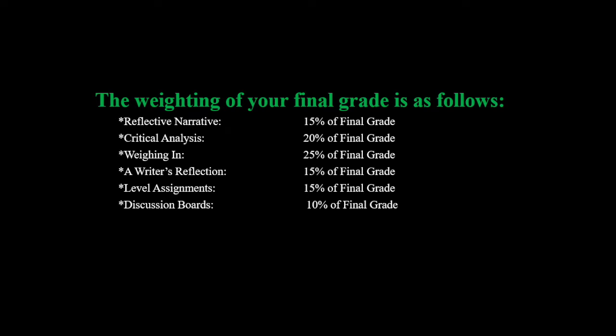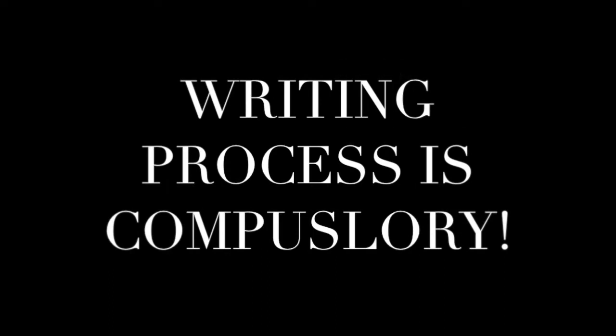Now remember, each formal paper will undergo a writing process. Generally speaking, from pre-writing to drafts to reviews to a final draft, you must complete these steps. If you do not complete these steps, your final draft will not be accepted.